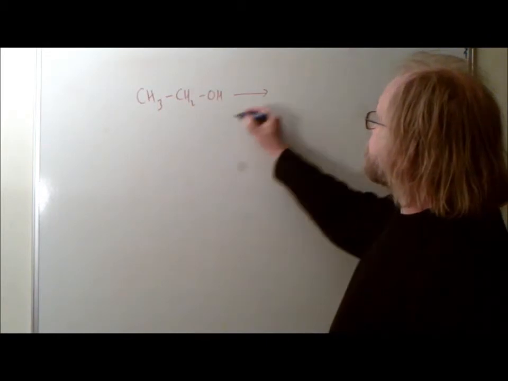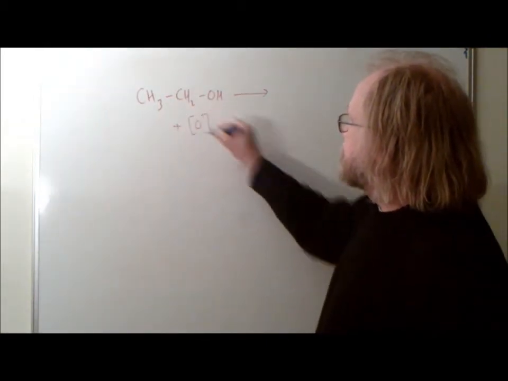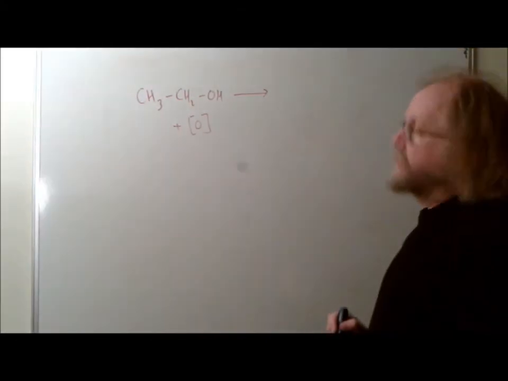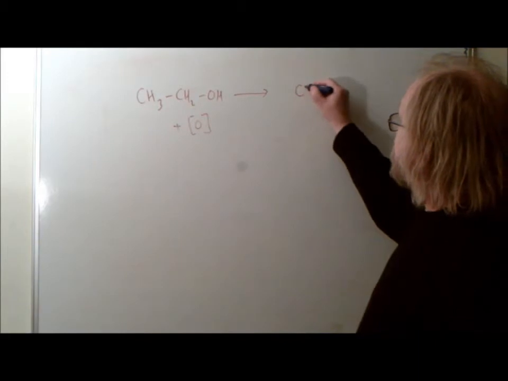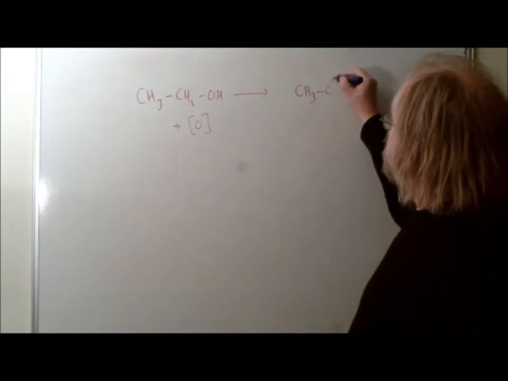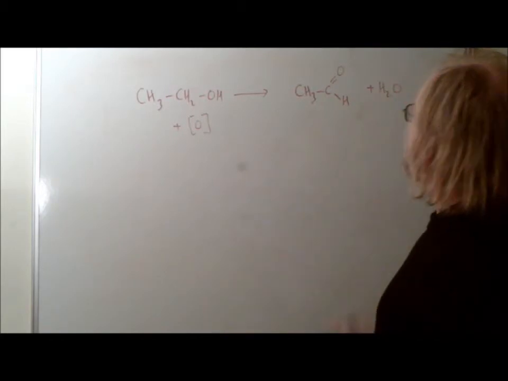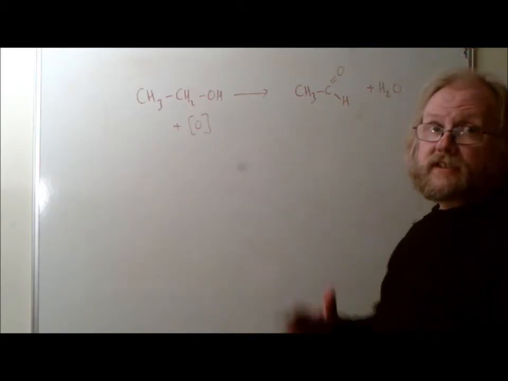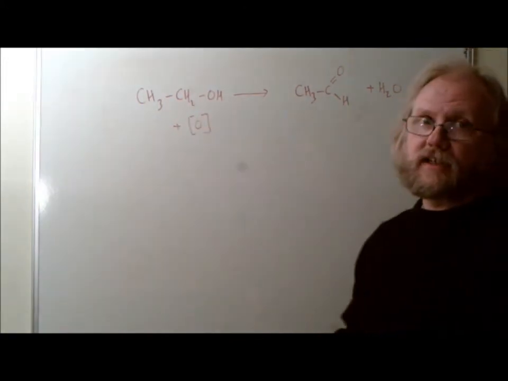First of all, if you react with the oxidizing agent, which you represent like that in an equation, remember, it oxidizes to the aldehyde, which is that, and produces water. So that's one possibility in oxidation, that wherever you have a primary alcohol group like that, it can turn into an aldehyde group.